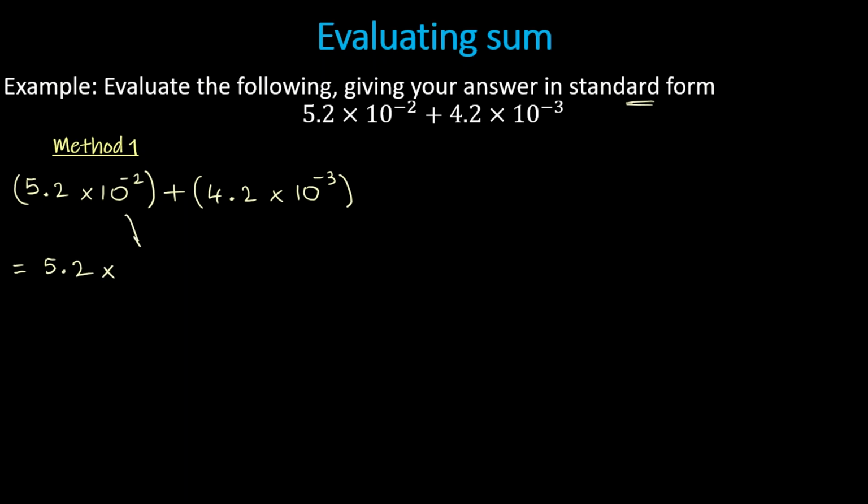Now, since the power is negative, if you remember the law of indices concerning negative power, x to the power of negative m, the negative power can be converted to positive if we take the reciprocal, meaning 1 over. Then the power becomes positive. Right? We are going to apply this here. 10 power negative 2, we take the reciprocal, 1 over 10 power 2.